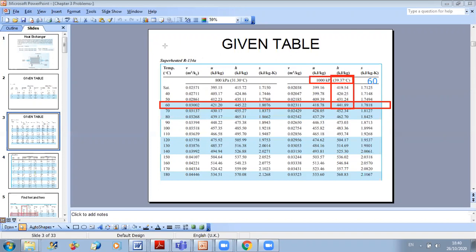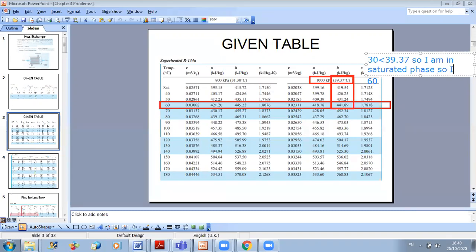For example, if the temperature is 30 degrees and you go to the table of superheated R134A, you can see that 30 is smaller than the saturated temperature, which is 39.37. So you can say I am in the saturated phase and I should look for the quality, and we will see how to do it.